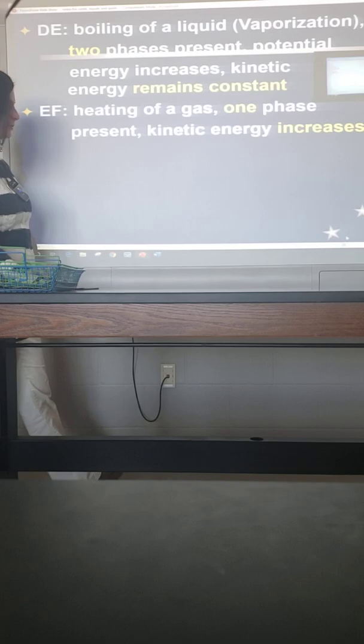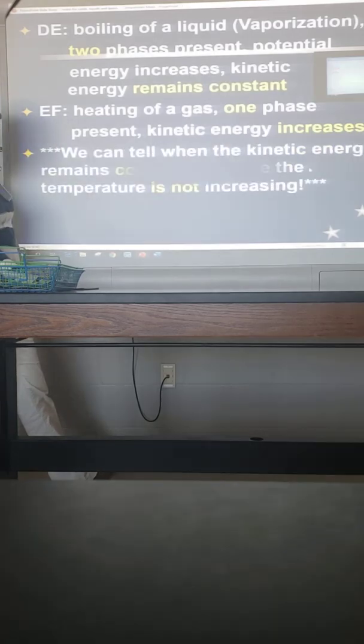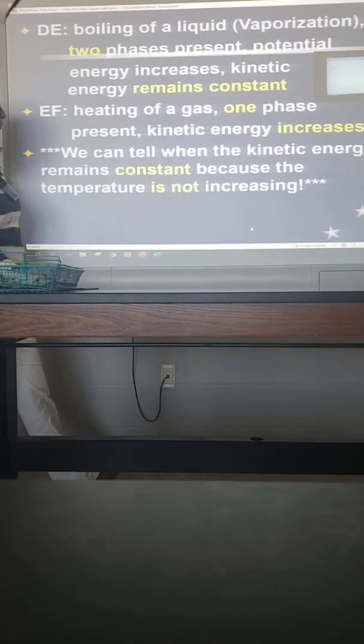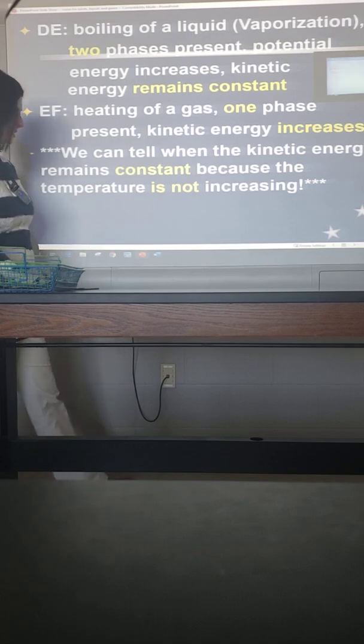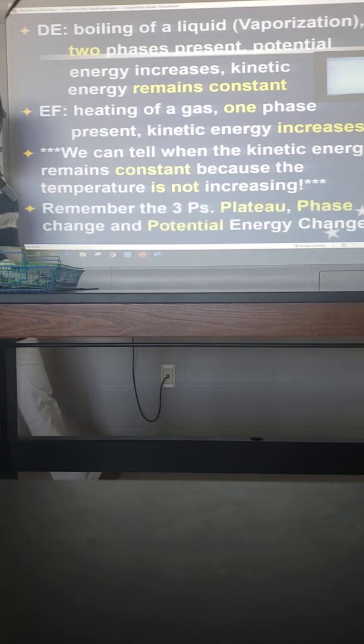We see that because the temperature is on the rise again. And so when the kinetic is constant, it's because the temperature is constant and not increasing. That is extremely important. And then remember the 3 P's, the plateau, the phase changes, and potential energy.